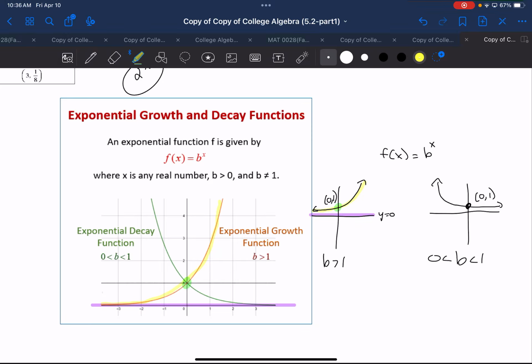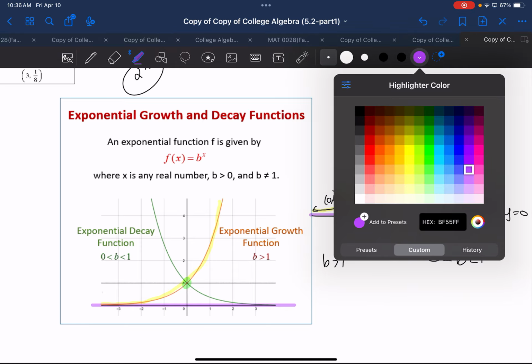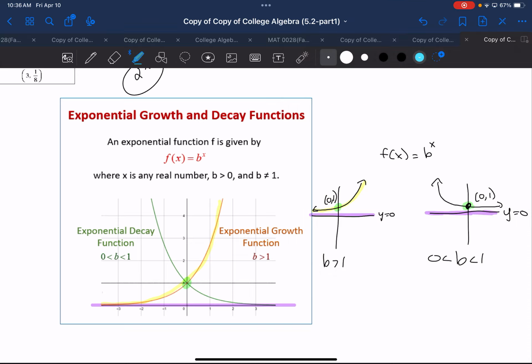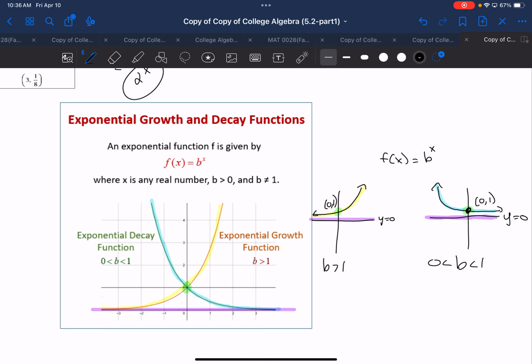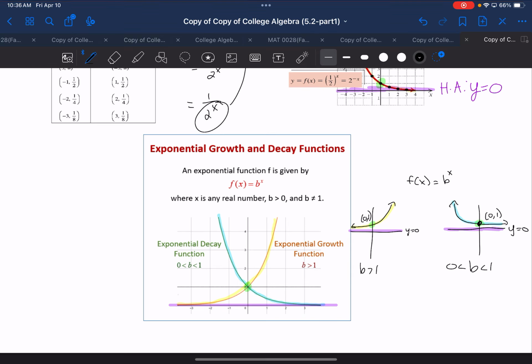And it still has a horizontal asymptote of y equals 0. So that's this graph. Okay, good.